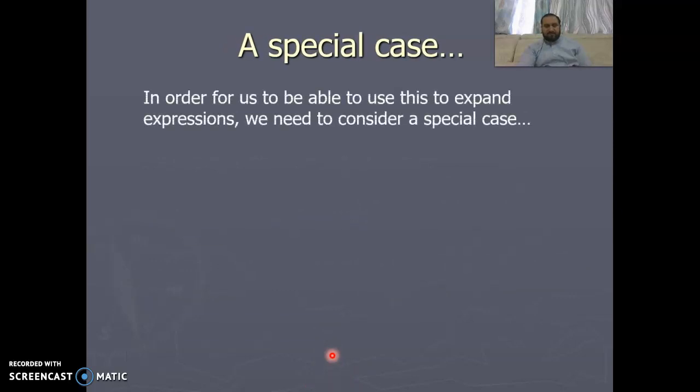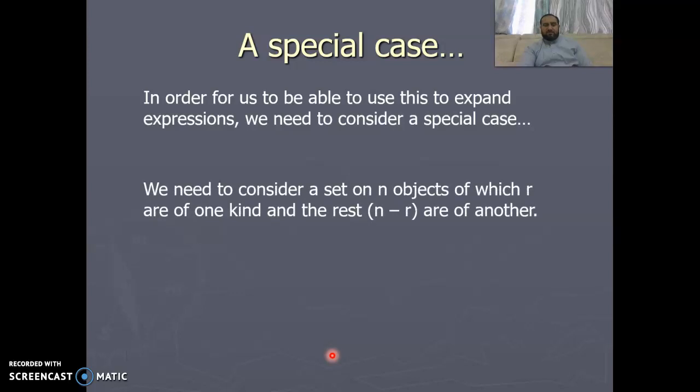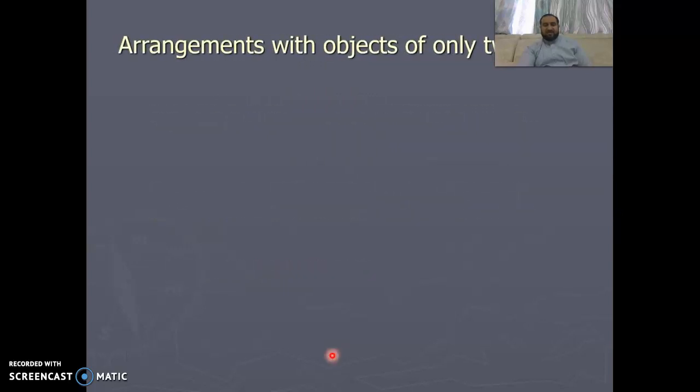Okay, then there is a special case. In order for us to be able to use this to expand an expression, we need to consider a set of n objects of which r are of one kind and the rest, n minus r, of another. For example, here we have 5 times A and 3 times B. So these are arrangements with objects of only two types.